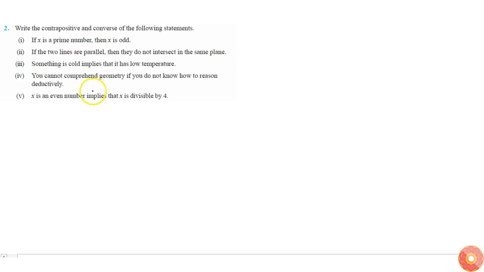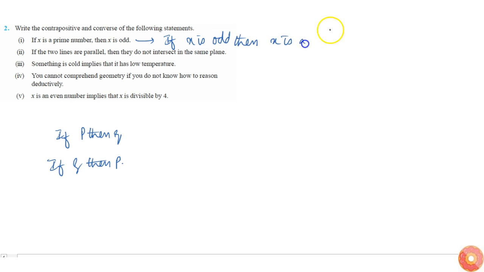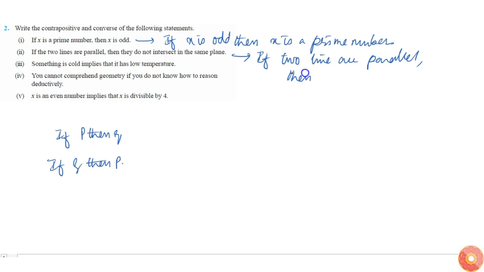I said the converse is written like this: if P then Q is the given sentence, then its converse is if Q then P. So from the beginning, for the first one, the converse will be: if X is odd, then X is a prime number.